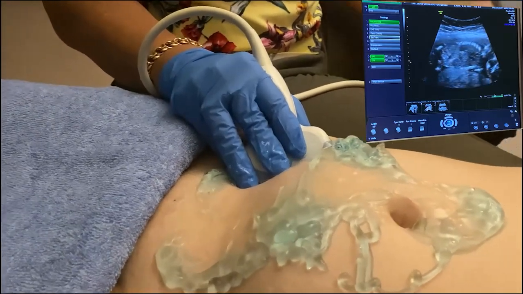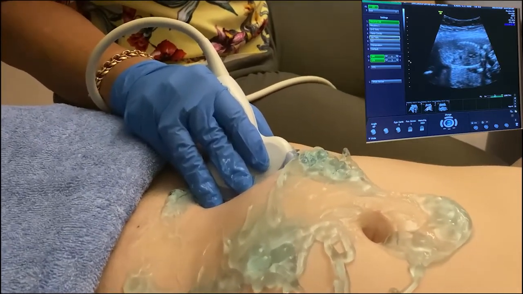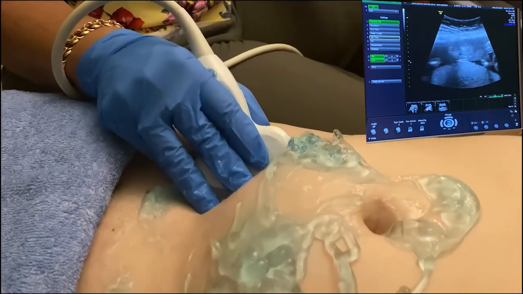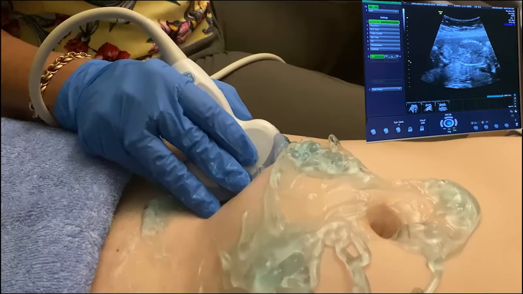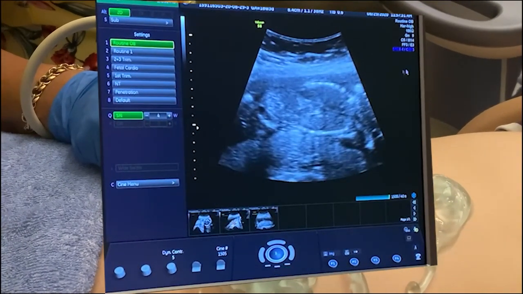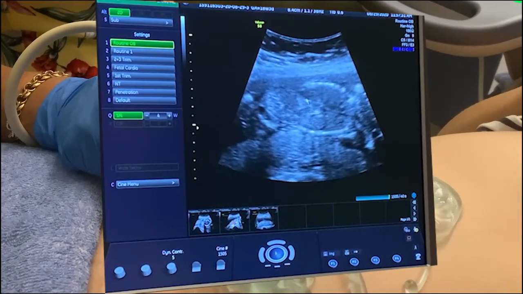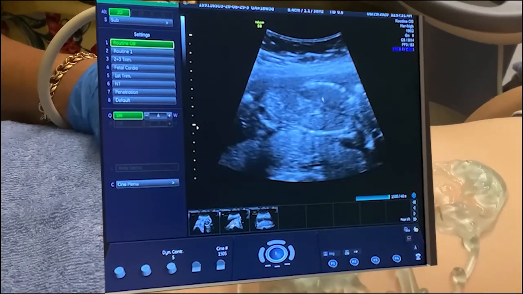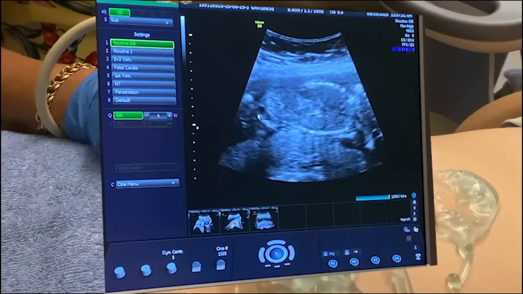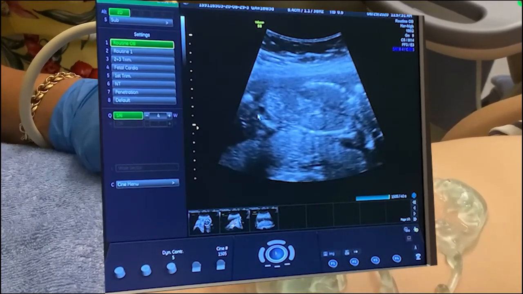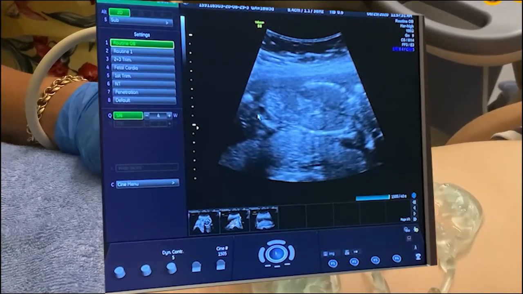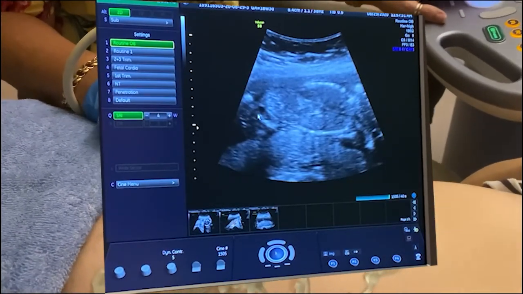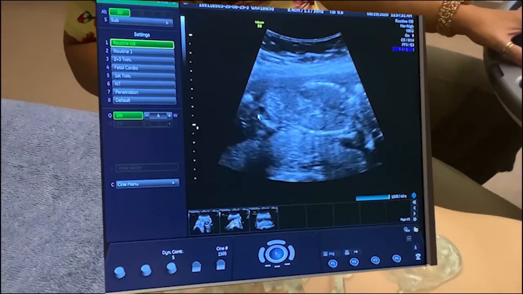And in one longitudinal image, we can see the fetal heart, the fetal stomach, both on the left side, a diaphragm going all the way across, and then the fetal bladder. So that lets us know that everything is living exactly where it belongs. The heart is in the chest, the stomach is in the abdomen, the bladder is in the pelvis.